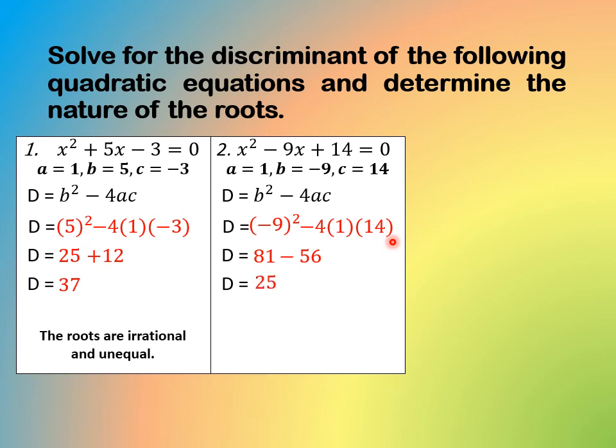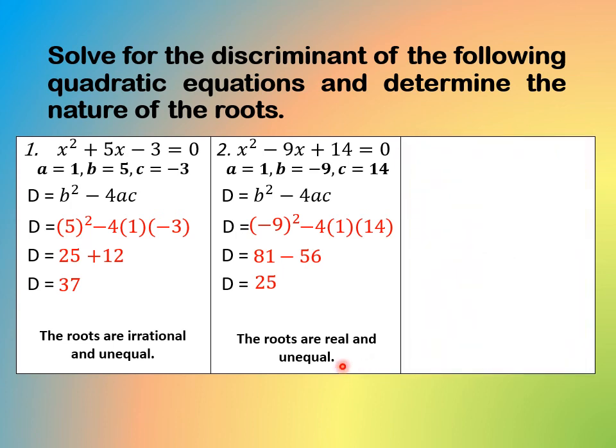So the answer is 25, correct. Okay, 25 is greater than 0. And is it a perfect square? Yes. Therefore, the nature of the roots of x squared minus 9x plus 14 is equal to 0 are real and unequal.